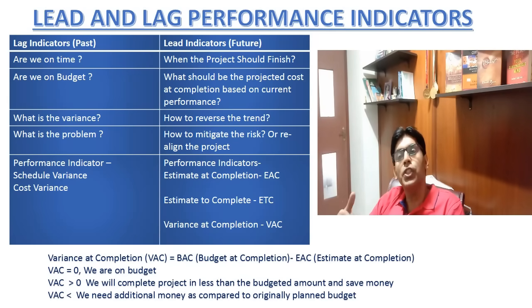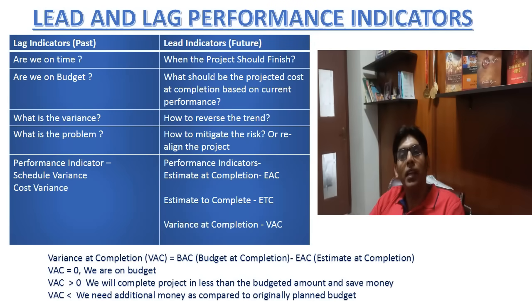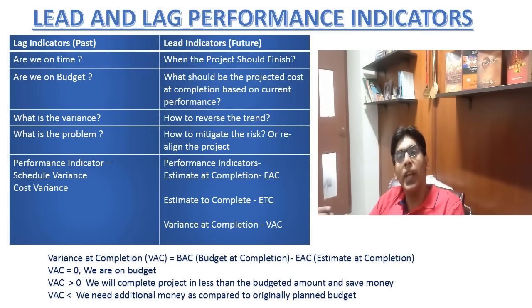Cost variance, which tells us whether the project is on budget, within budget, or has overshot the budget. Now, these are all lag indicators associated with reactive tracking. It tells us whatever has already happened.